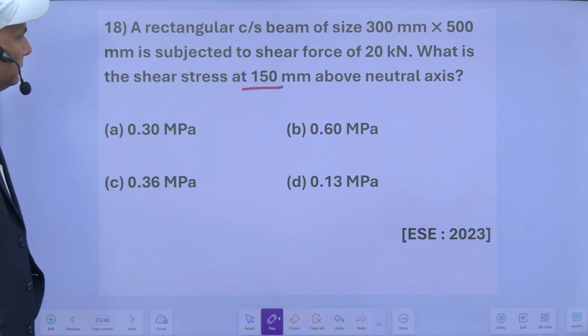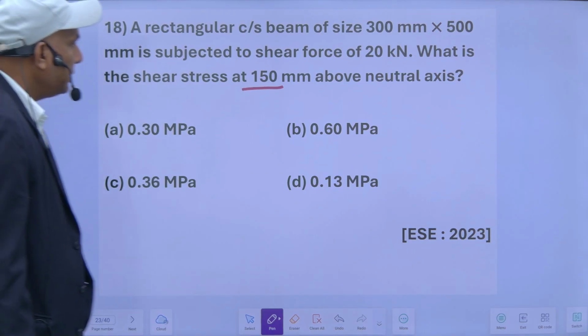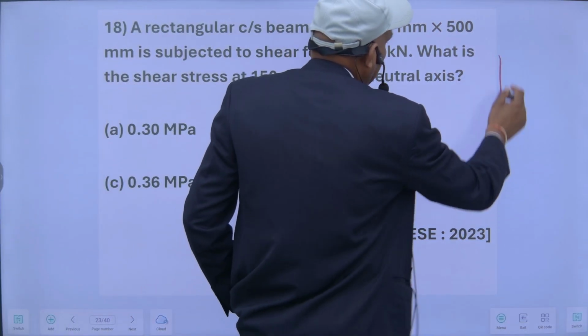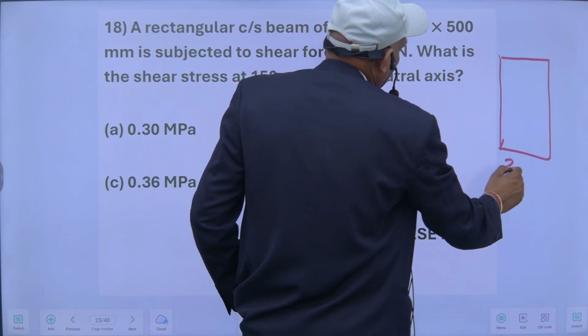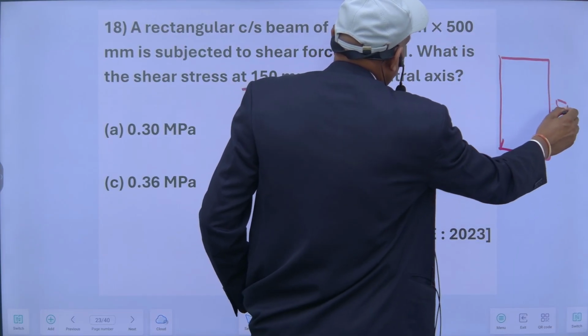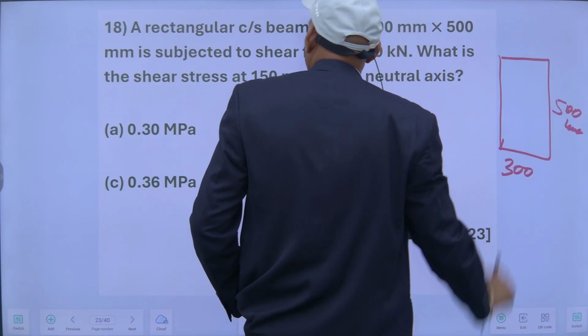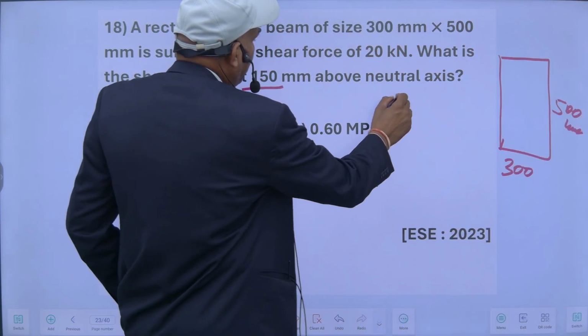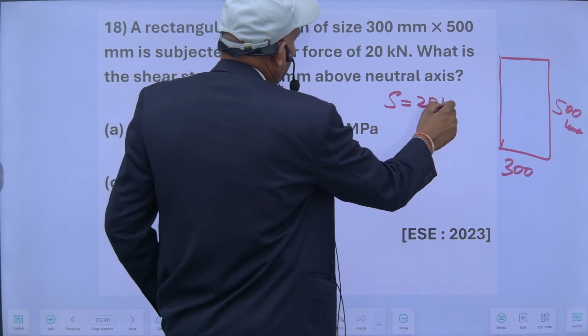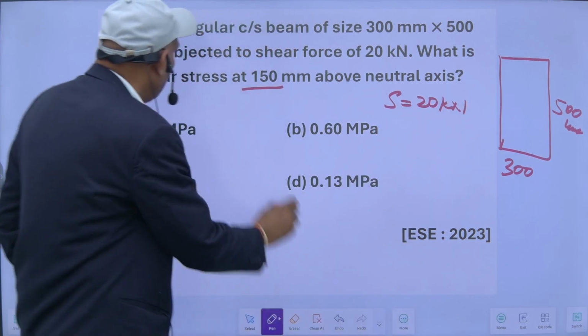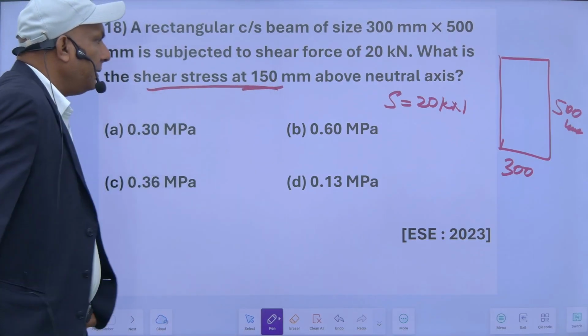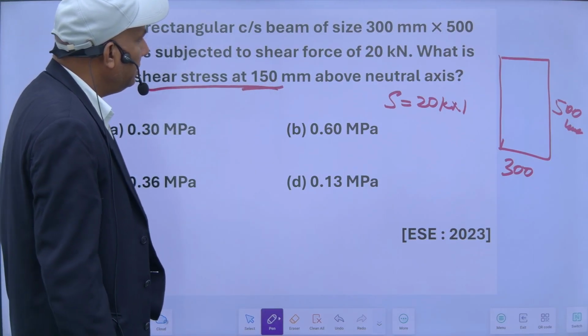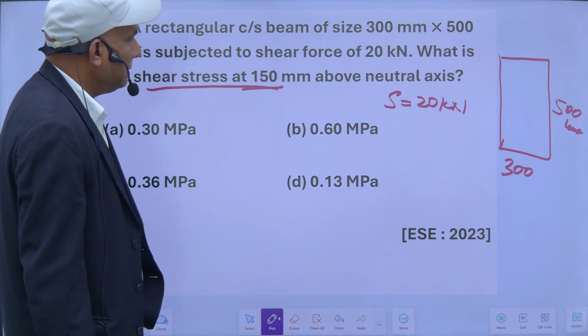The section of the beam is like this. This is 300, this is 500, and the value of the shear force is 20 kilonewton.